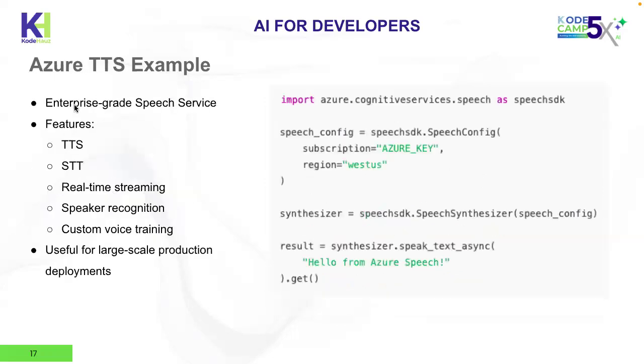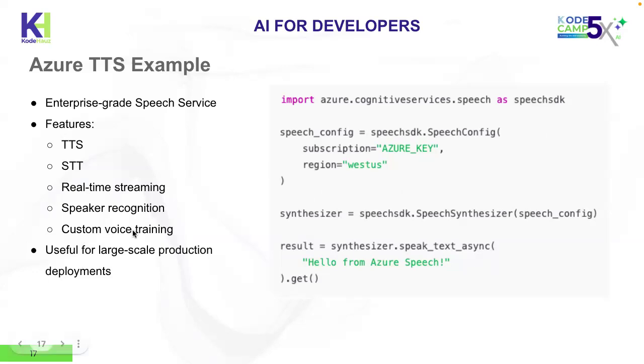So Azure also has this, so you can also get an Azure key, okay? Azure is enterprise grade. It provides a speech service, so it features both text to speech and speech to text, and also real-time streaming and speaker recognition. Then it has custom voice training, which means it allows you to train new and additional voices.